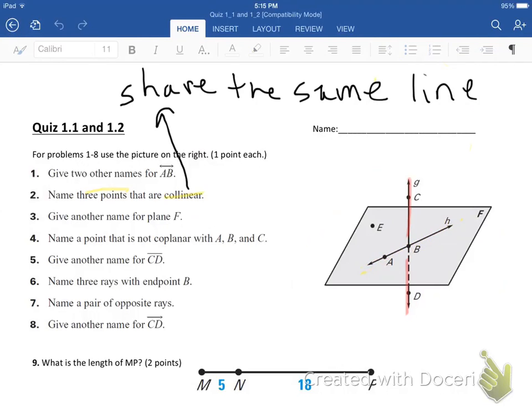But if I go back to the red line right here, I have 3 points. I have C, B, and D. So name 3 points that are collinear. There's our answer: C, B, D, those points.